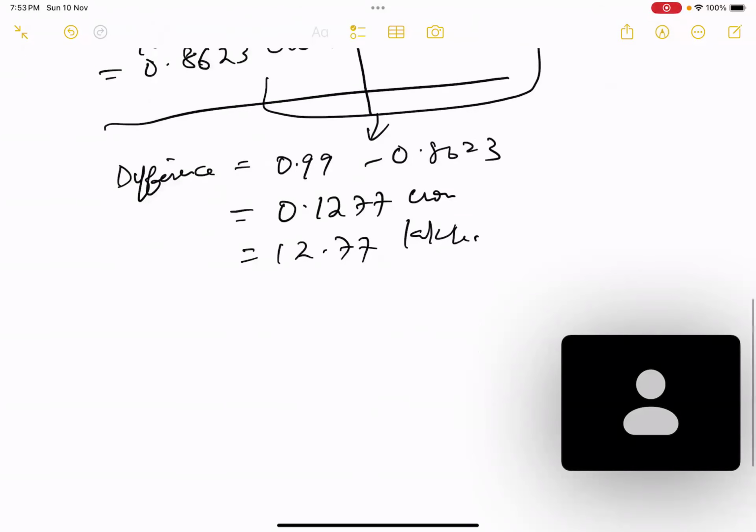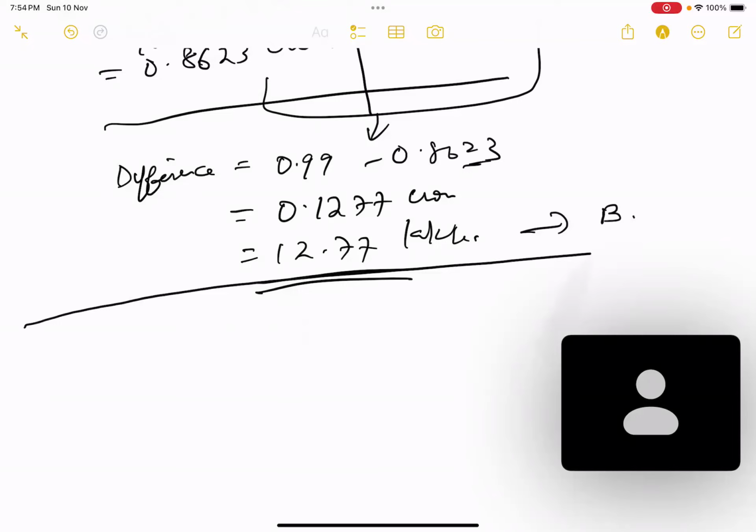When I solved it for the first time I got 12, but then I solved it again, and this is the answer I got because I didn't take care of the decimal points properly. So I think the answer will be B. If you got answer A, after solving it again I found out that it's B.